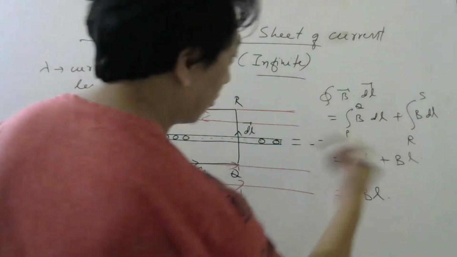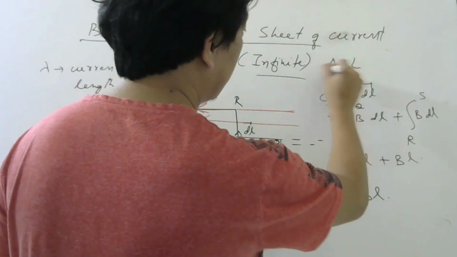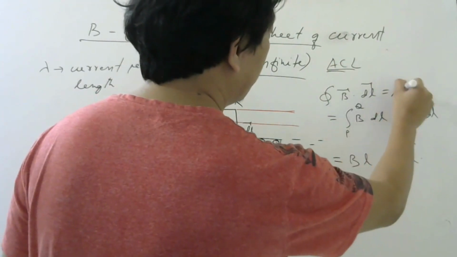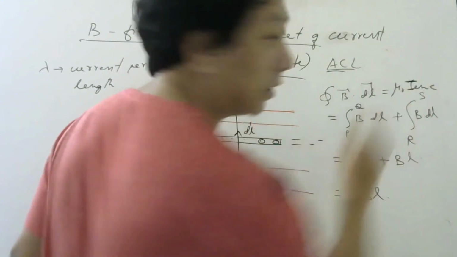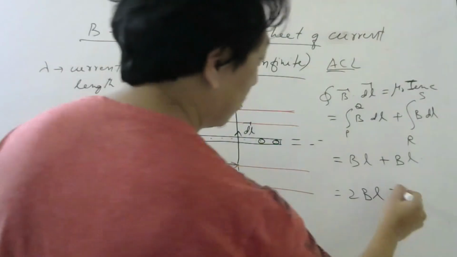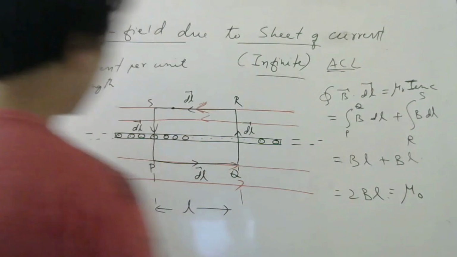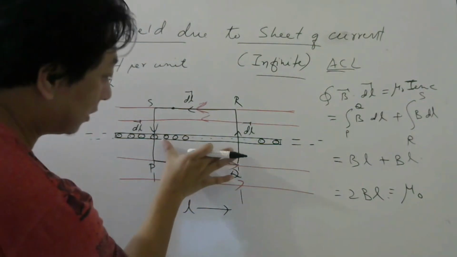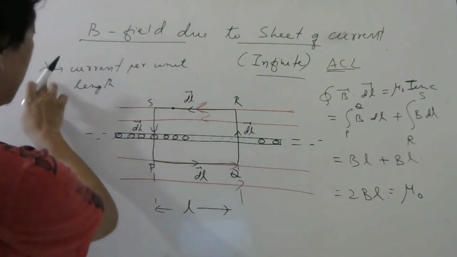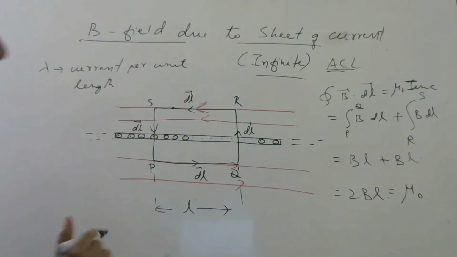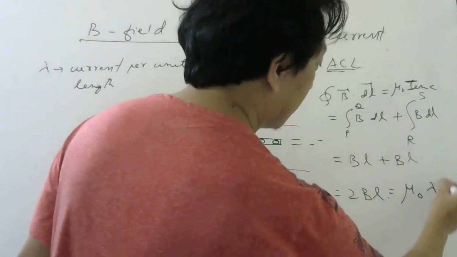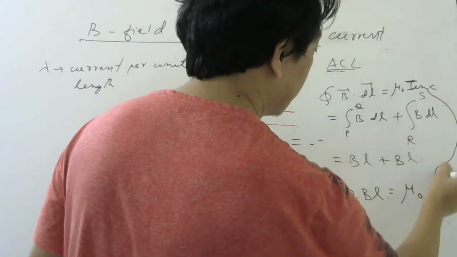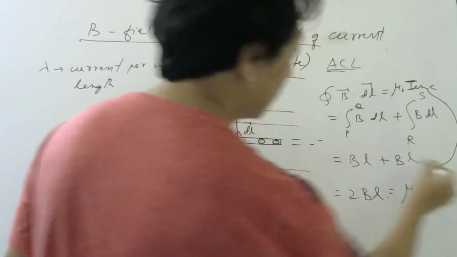So according to Ampere circuital law, this should be equal to mu naught times current enclosed, meaning the current in this length. This is lambda, which is current per unit length. So lambda into this length will give me the current enclosed.